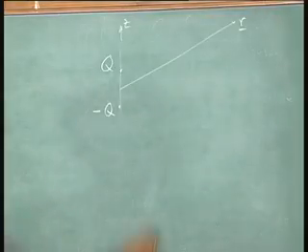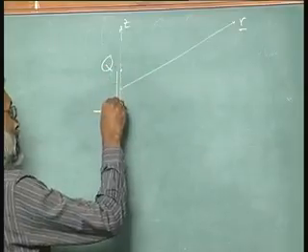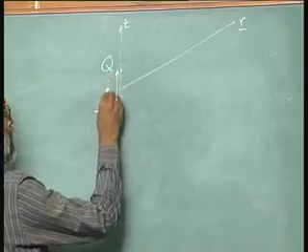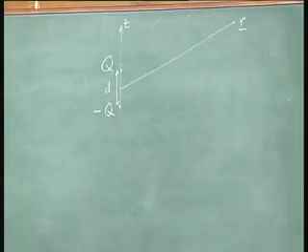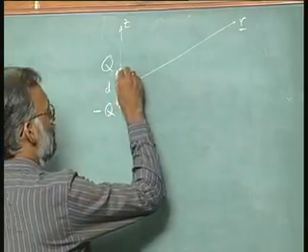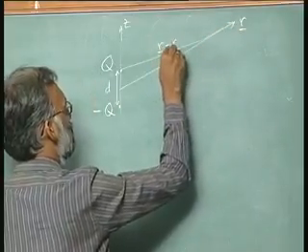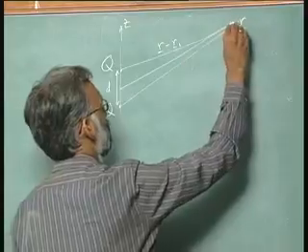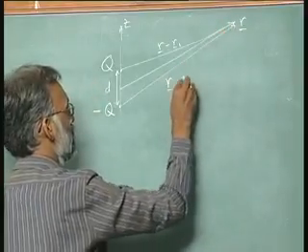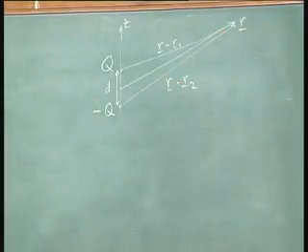So, this distance between the charges is a distance d, and I have this is r minus r1, this is r minus r2.